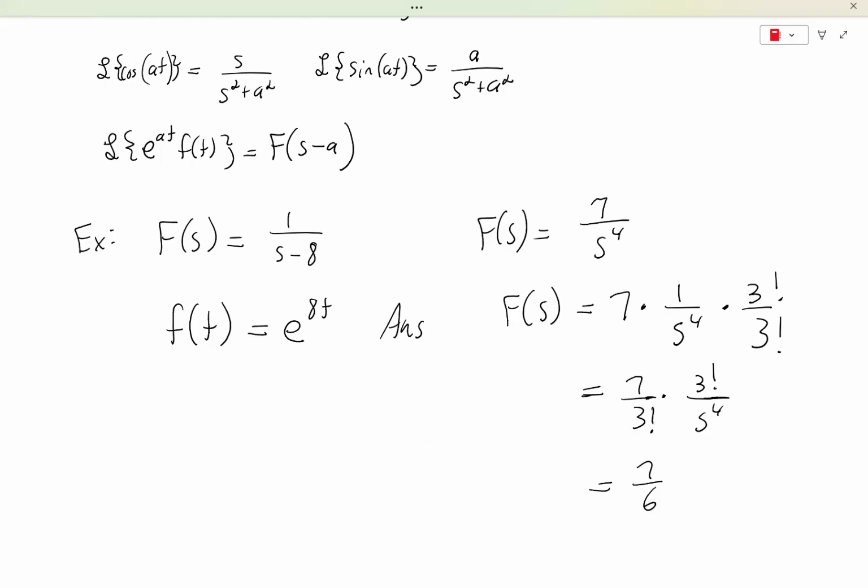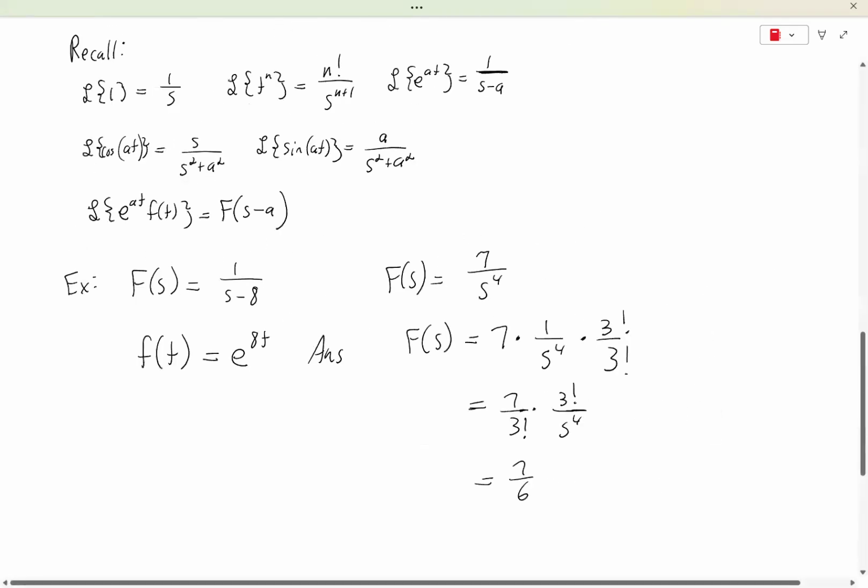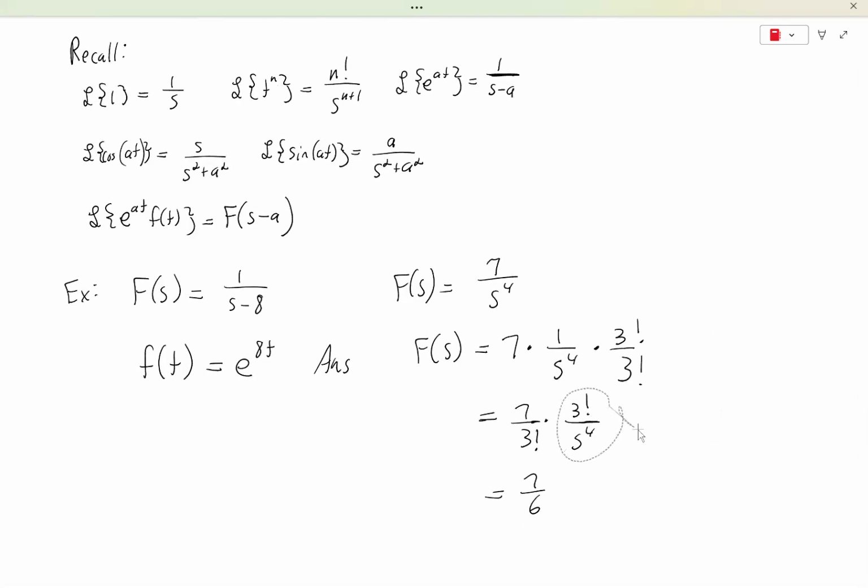And now what would this be? If you take the inverse Laplace of this, then look back at these things up here. This guy right here looks like, if you go back up, t to the 4th, because the n here is 3.